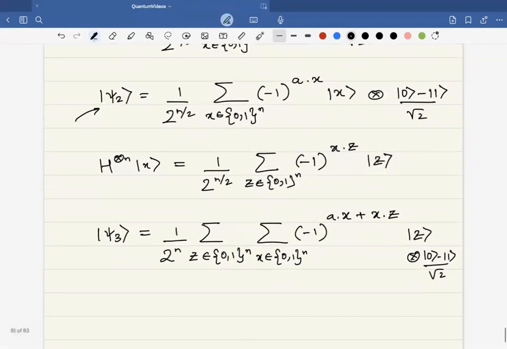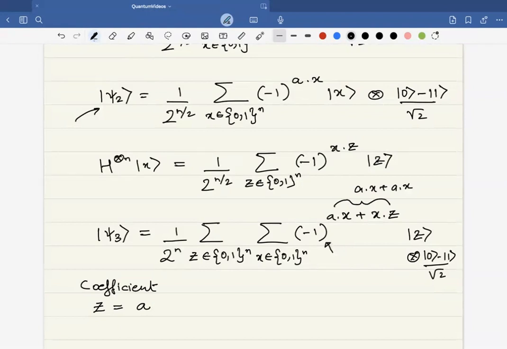As before, let's look at the coefficient when the outer sum z is equal to a. When z is equal to a, these two terms will be a dot x plus a dot x, and therefore this will be a plus a over here.